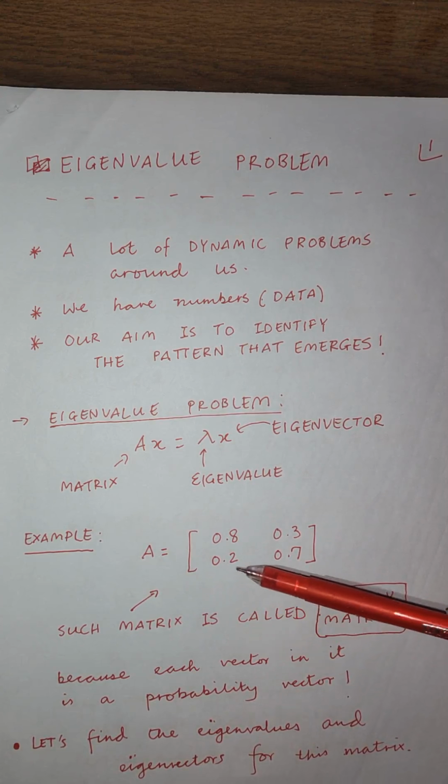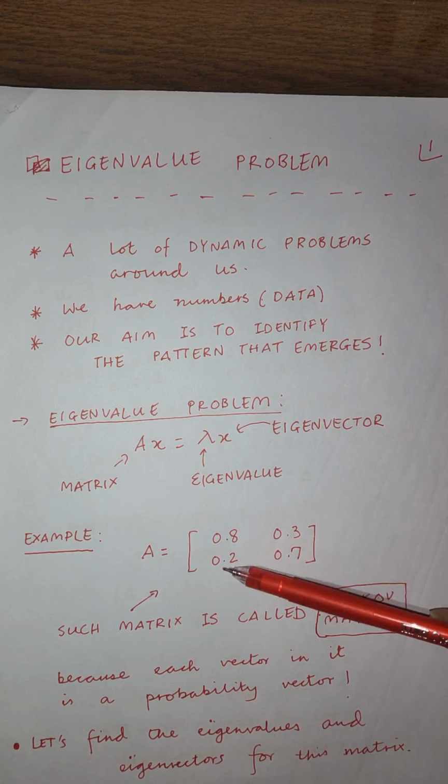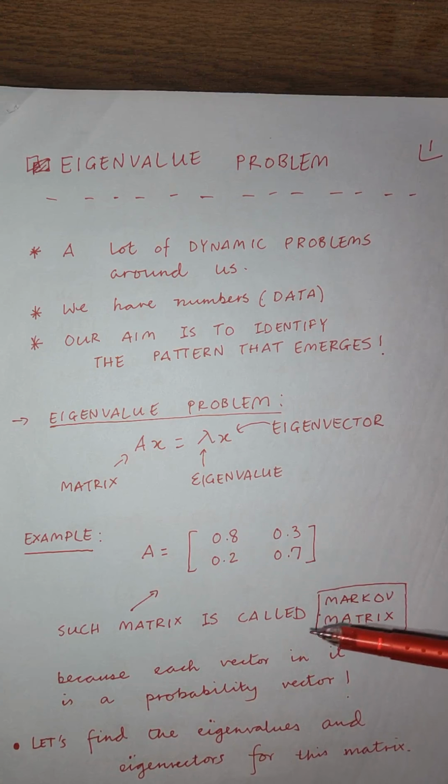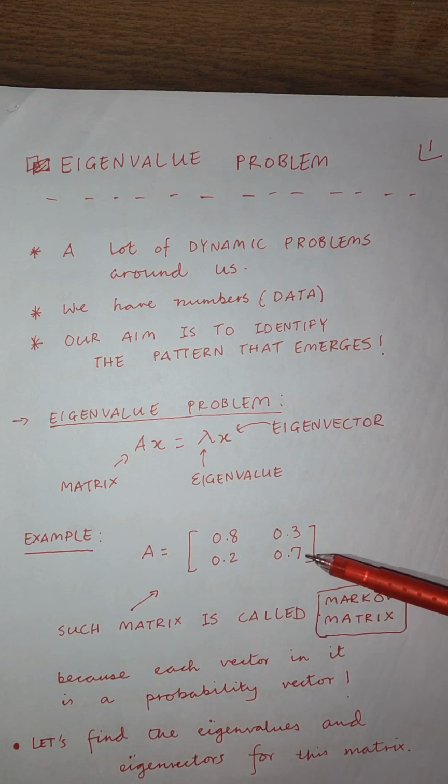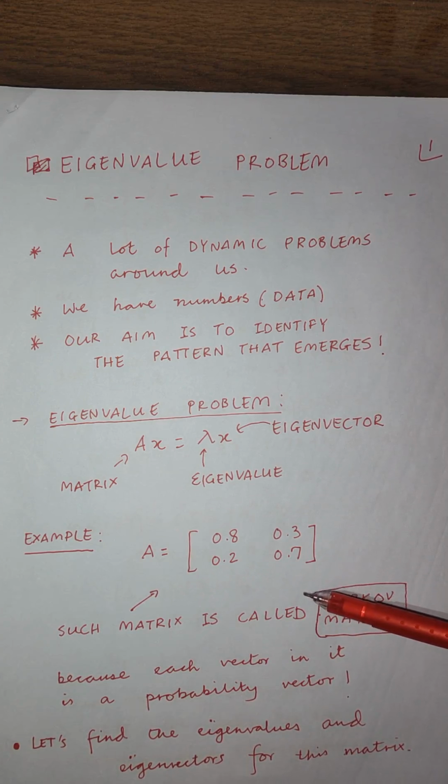What I mean is the sum of the entries in each column reduces to 1. So 0.8 plus 0.2 equals 1. 0.3 plus 0.7 equals 1.